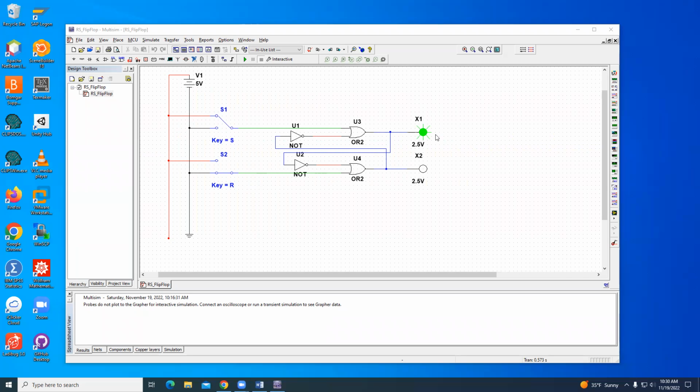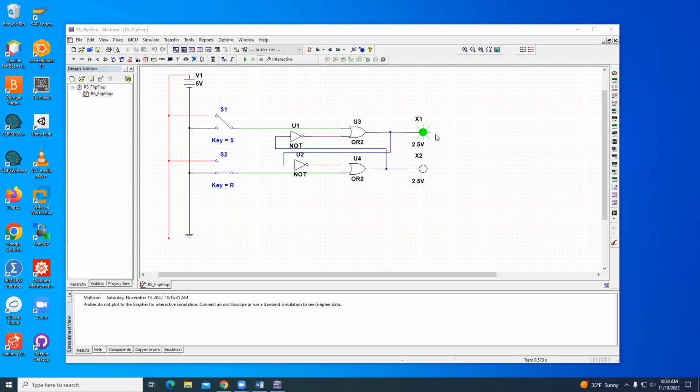So we should be able to force a high, that's a set, and force a low, that's a reset. When we're talking about forcing, we're talking about which one's high. We're always focused on the upper one, and the lower one should just be the opposite.